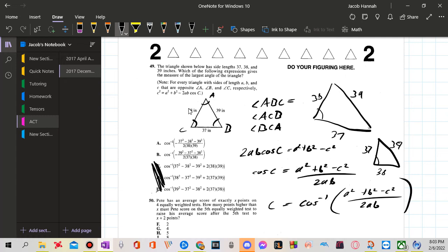This is a tricky one, because of the minus sign inside. This is worded to trick you. 39 is the only number supposed to be minus. If you take the negative outside and distribute it to 37 and 38, it's going to be positive, but 39 is going to be negative, so this must be B.